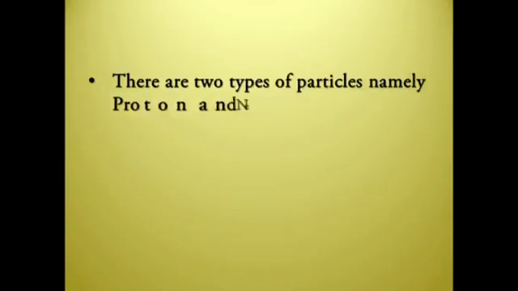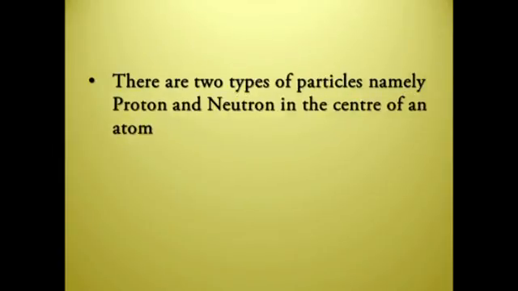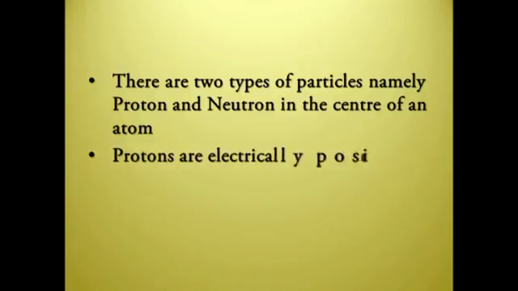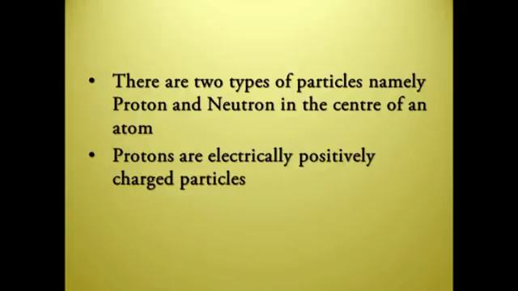Okay friends, now there are 2 types of particles, namely protons and neutrons, in the center of an atom. Protons are electrically positively charged particles. You can see here the proton with a plus sign, which indicates positively charged.